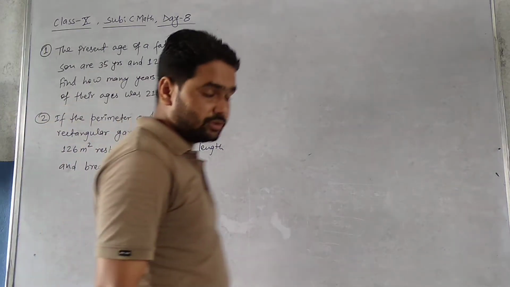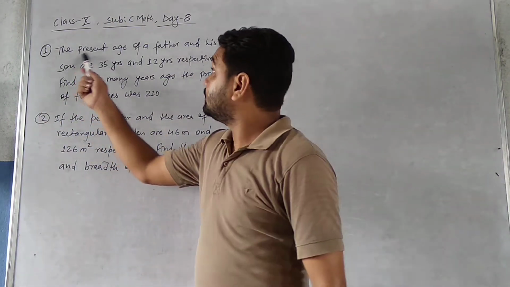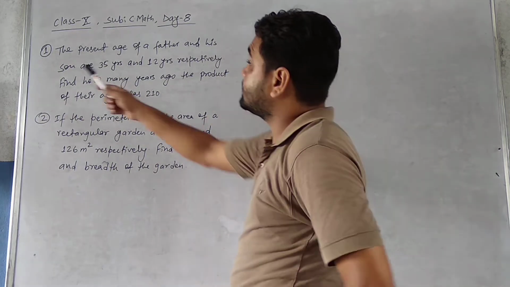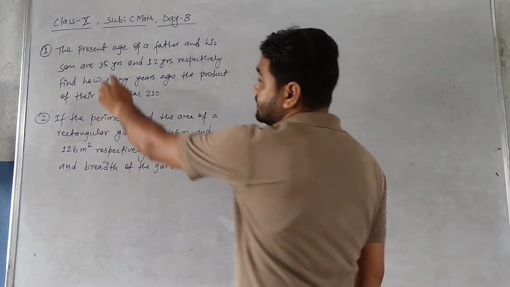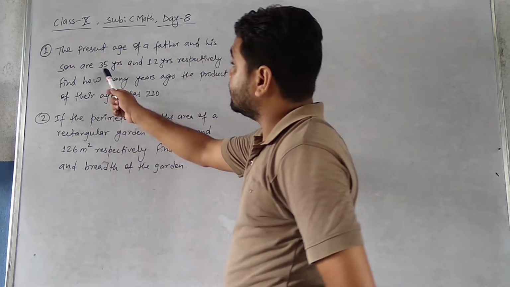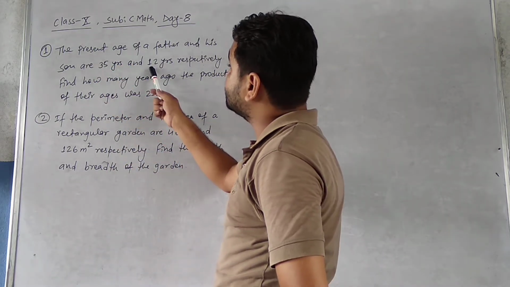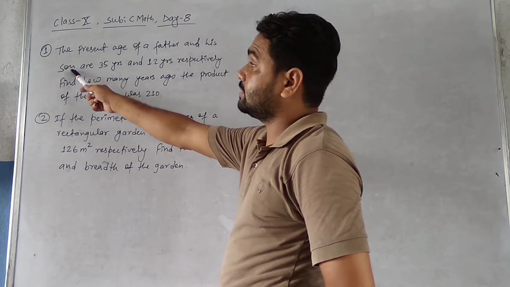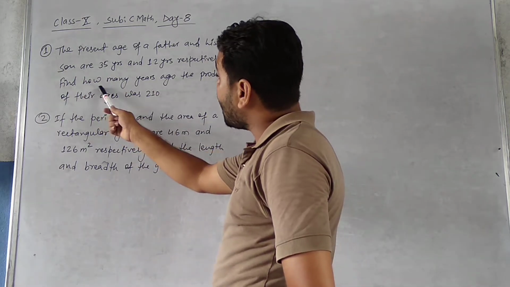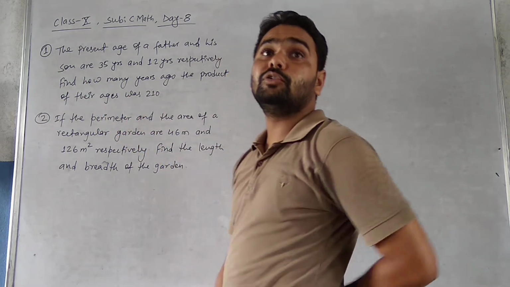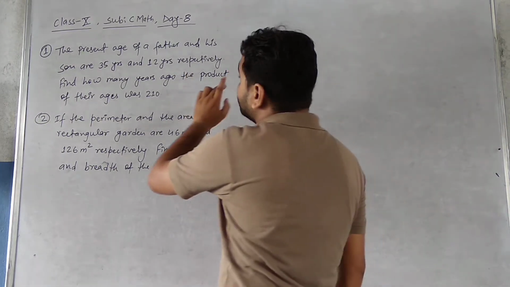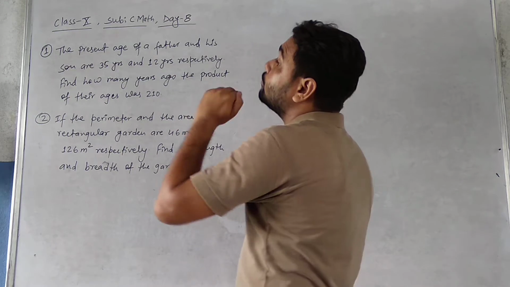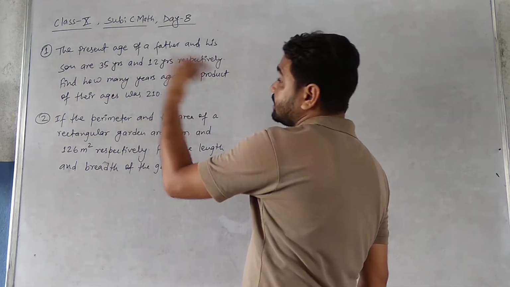It is given that the present ages of the father and his son are 35 years and 12 years respectively. That means 35 years is the present age of the father and 12 years is the present age of the son. Find how many years ago. Ago means before.